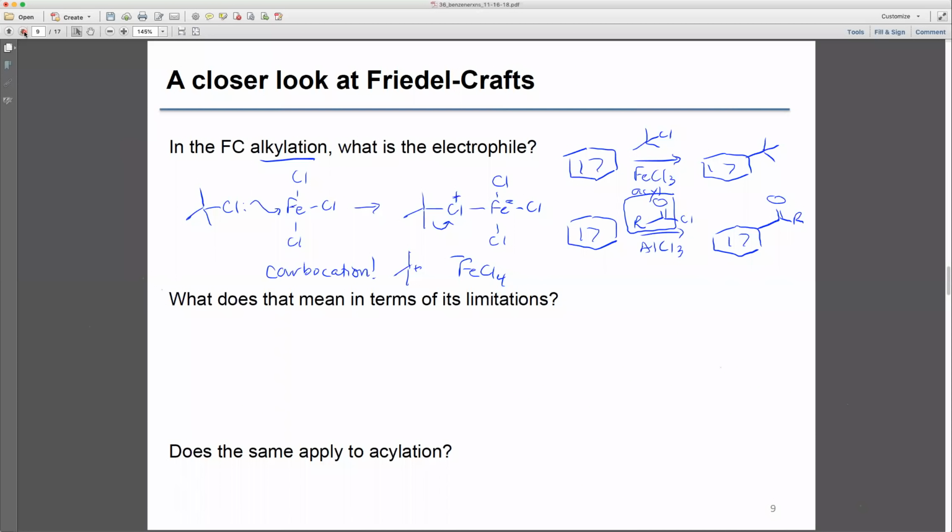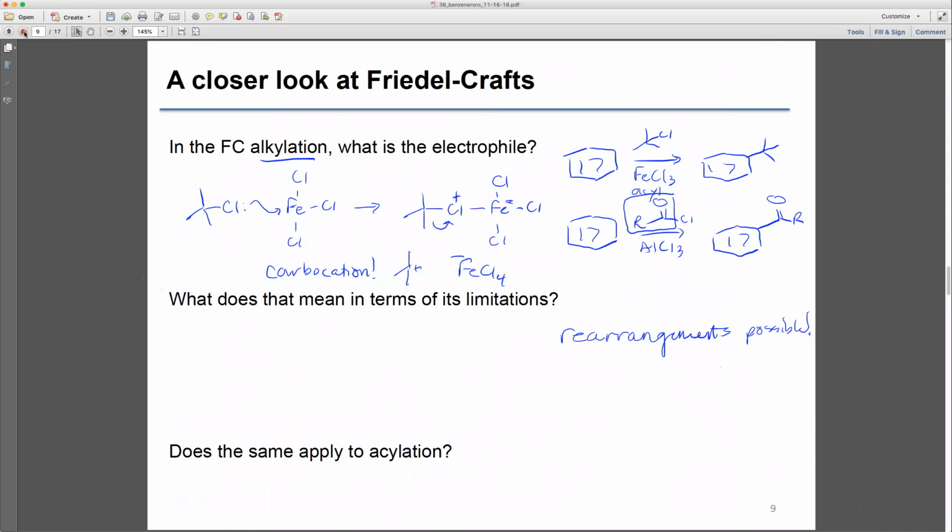Right, we have rearrangements. And must be in acidic conditions. So sometimes, yes, there certainly are examples in the book where you can generate carbocations under acidic conditions, such as on pages 1004 and 1005.